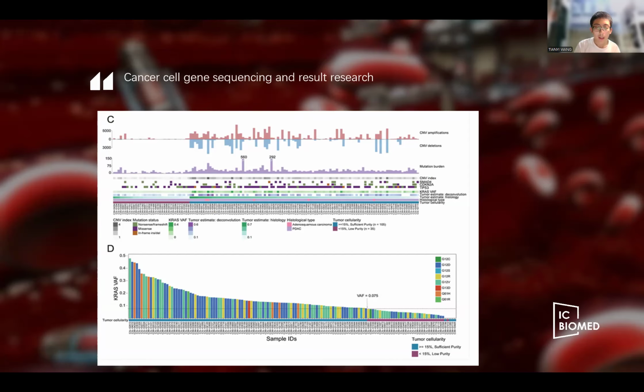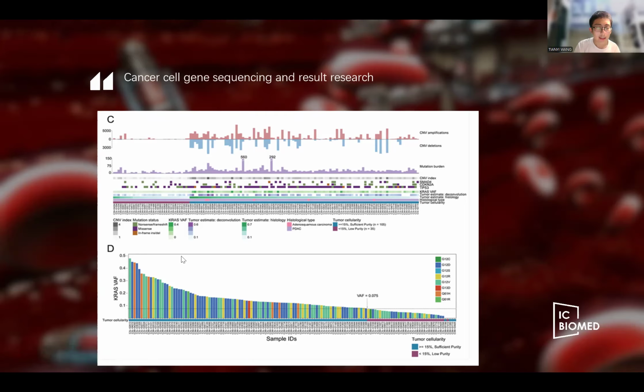One of the discoveries is the gene KRAS. Picture C comprehensively displays multidimensional information such as CNV, mutation status, and tumor characteristics of multiple genes, while picture D focuses on the KRAS gene. Okay, sorry, I've just got the wrong information.